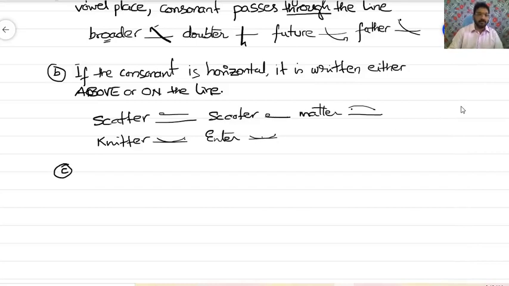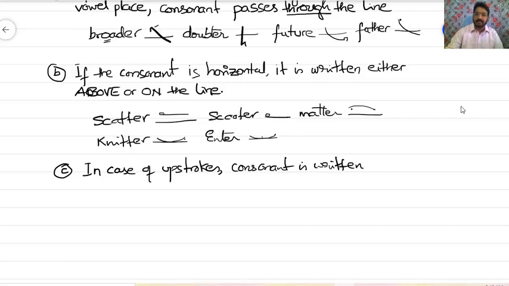Third one is upstrokes. In case of upstrokes, consonant is written as per the vowel sound.